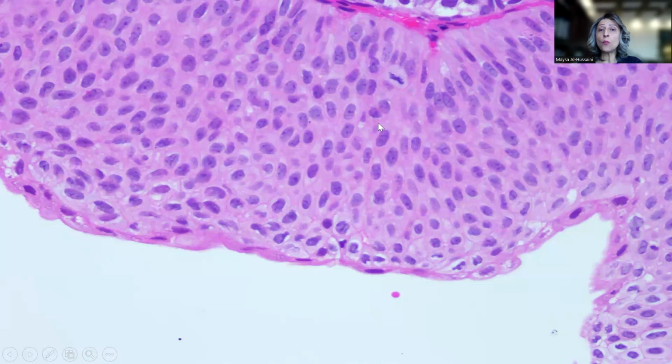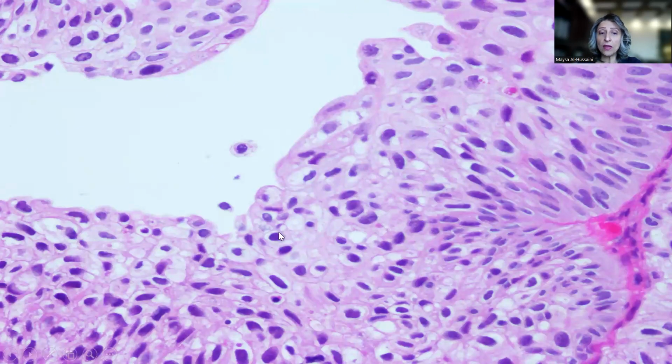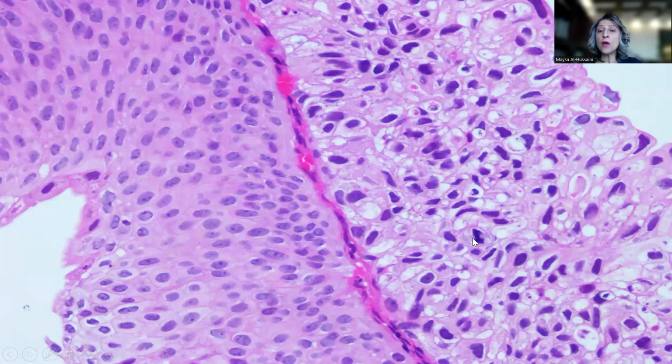Even in the low-grade component, you can appreciate some basally or parabasally located mitotic figures, as well as the umbrella cell layer, while in the higher grade component, the apoptosis was clear, as well as the disarray, again showing this marked disarray of architecture, even what was suspicious to be mitosis high up in the epithelium, and more mitosis away from the basal and parabasal layer of the epithelium, with the clear pleomorphism and hyperchromasia.